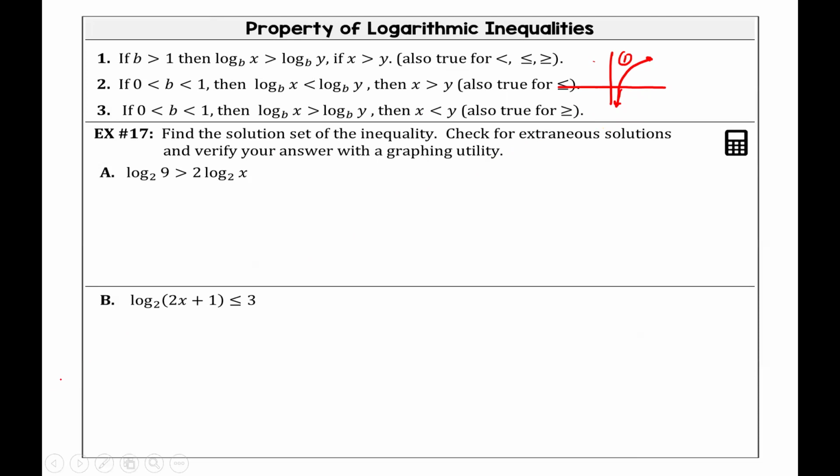Okay. Number two, I'm going to change colors for number two. It says if b is between 1 and 0, and log base b of x is less than log base b of y, then x is greater than y.